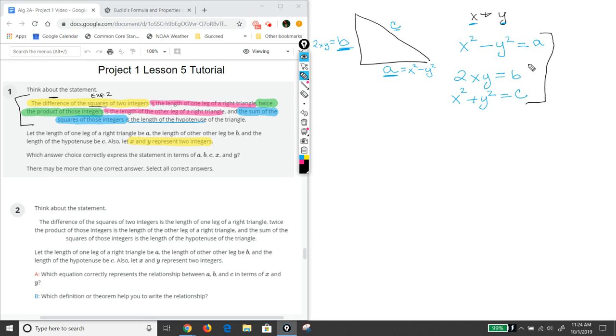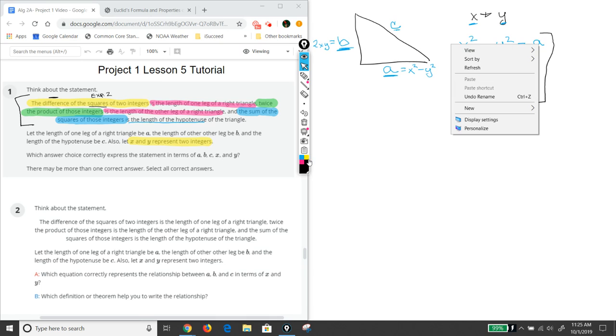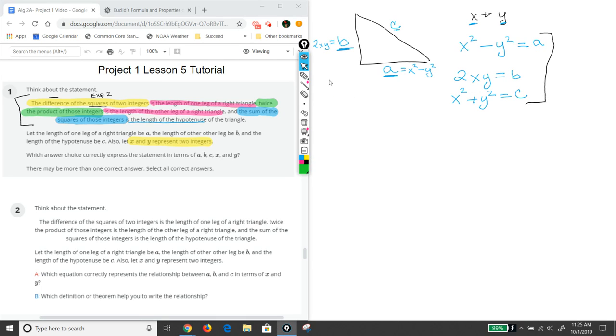matching these formulas or these equations that we just wrote from that wording. Now, remember when I said that x squared minus y squared could be an A or a B because it did not specify which leg it was talking about. So there actually are 2 correct responses there.